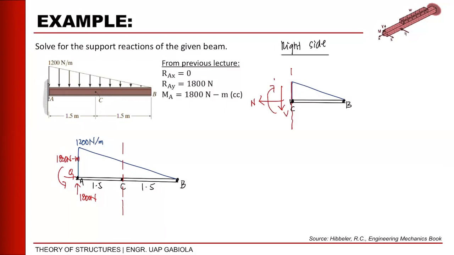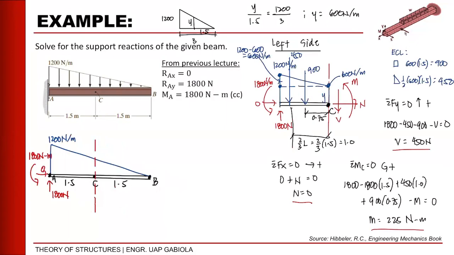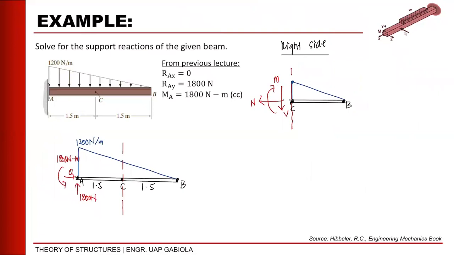N, V, at M. Okay? So, ano lang yung unknown, ano lang yung known force natin? Itong point na to, which is dun sa cut natin kanina, itong portion na to, which is na-calculate natin as 600 Newton per meter. Okay, so this will be 600 Newton per meter.